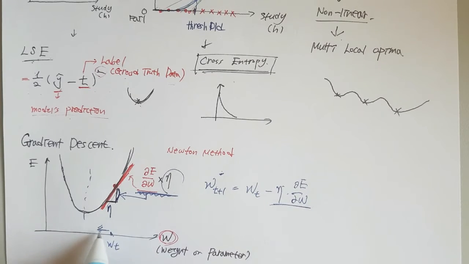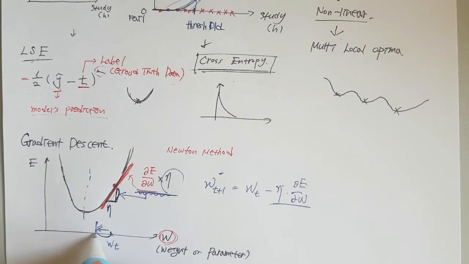So this value will be this magnitude. Therefore, our next value will be here. So our error will be decreased. And then here we will again calculate some value and multiply this learning rate coefficient constant. Then we will move. So finally reach to here.